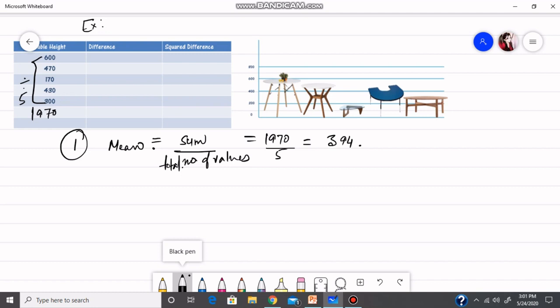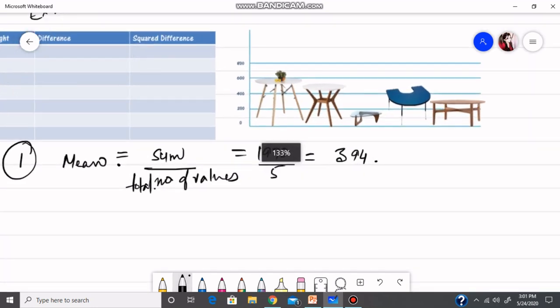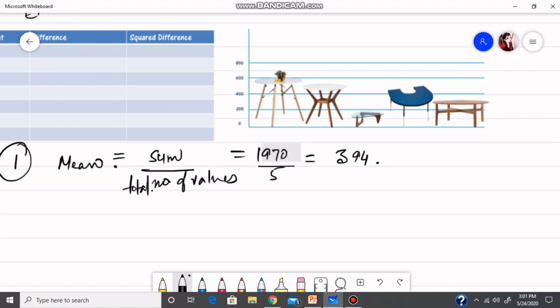Now if you see this diagram here, I have shown a graphical representation. You can see that the first table has a height in meters of 600, the second 470, the next 170, 430 and 300.